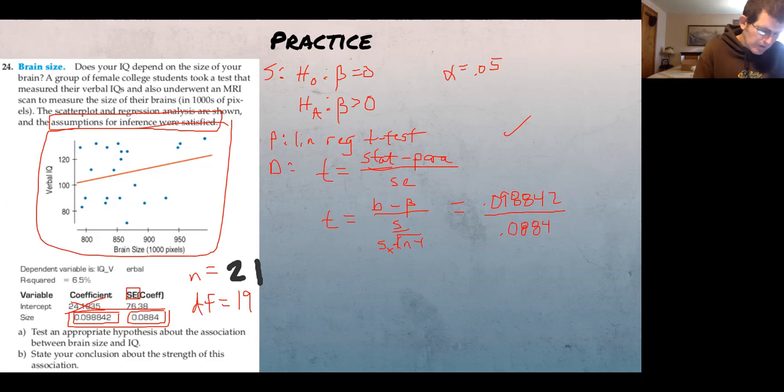Okay, so pretty straightforward at this point. We get to reduce this entire complicated looking problem down to a simple division problem. Take this number and divide it by this one. So as soon as you have that number, you can write out what that t statistic is.